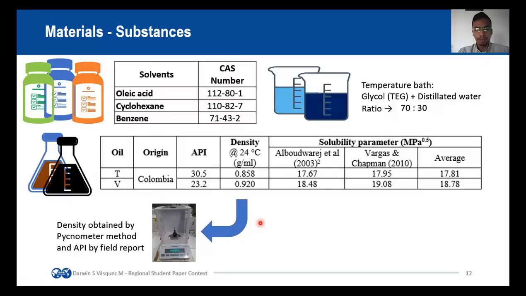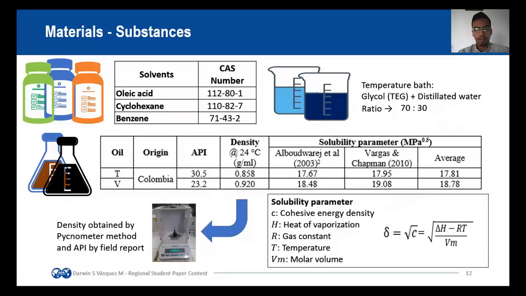The solubility parameters presented here are from correlations. The solubility parameter is a scale that indicates the level of adherence between molecules, and it's useful to find the solvency or affinity between substances.